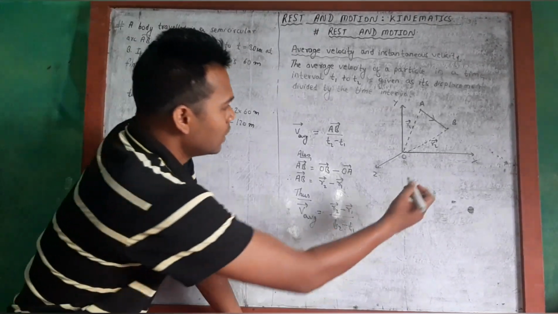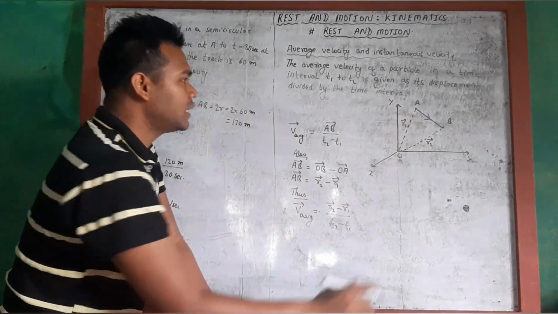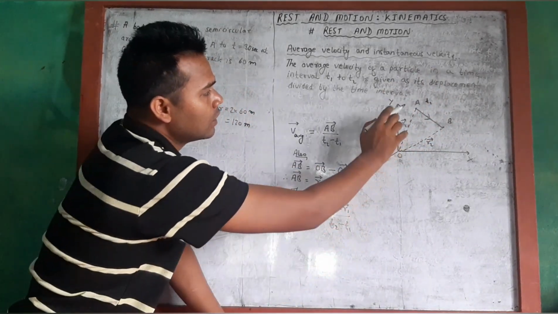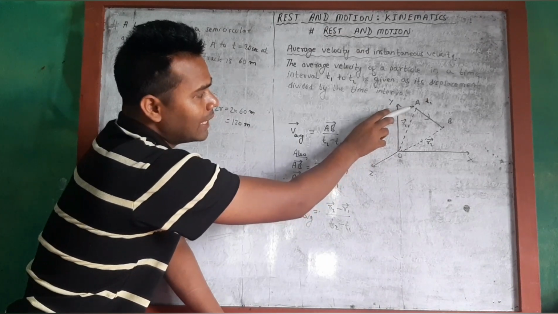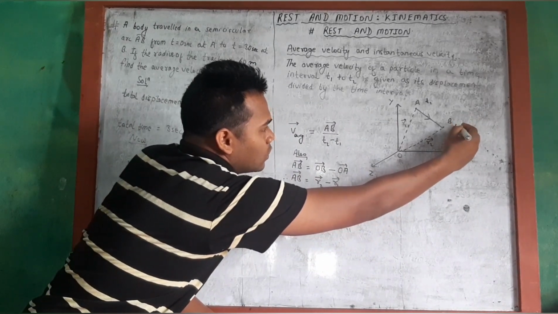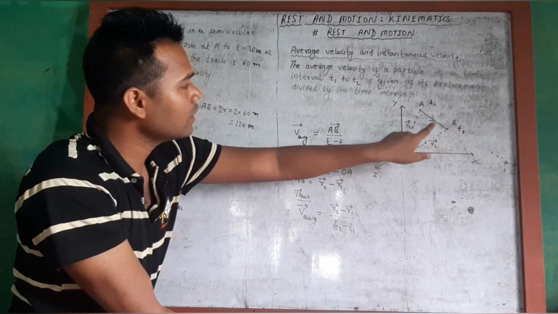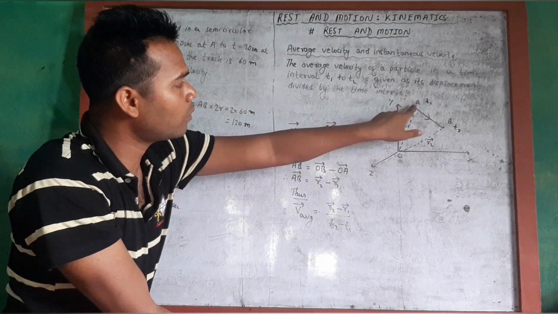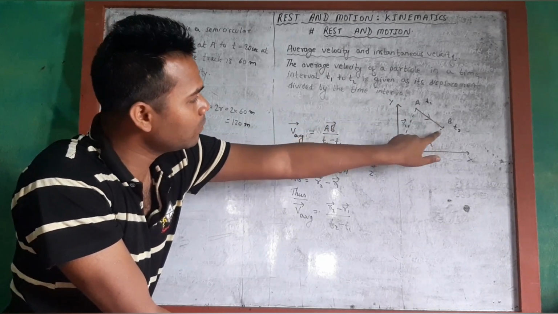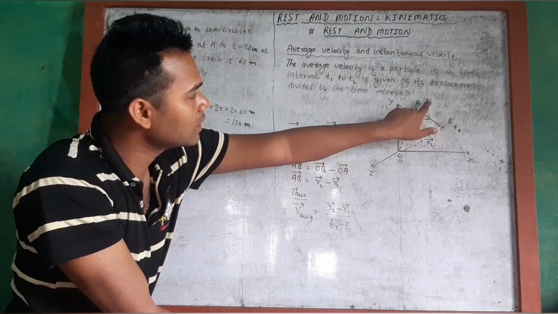Suppose in the reference frame x, y and z, at t equals t1 second, at the t1 instant the body is at point A, and at t equals t2 second the body is at point B. Here the total displacement can be obtained by joining the straight line between these 2 points A and B. That's why the AB line gives the total displacement of the body in the time interval t2 minus t1.